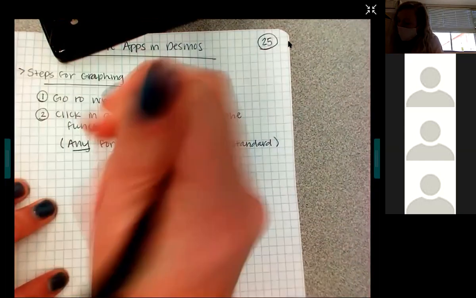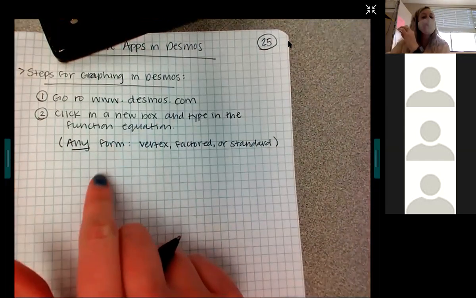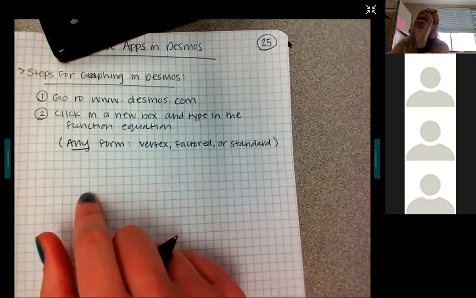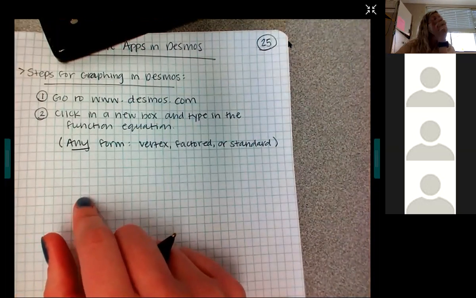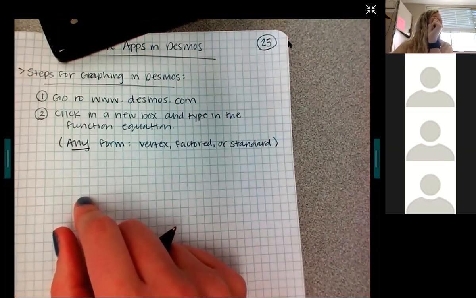All right, so then once you type that equation in, Desmos will graph it for you, okay? So the only other thing we're gonna have to do is click on parts of the graph to figure out the features.